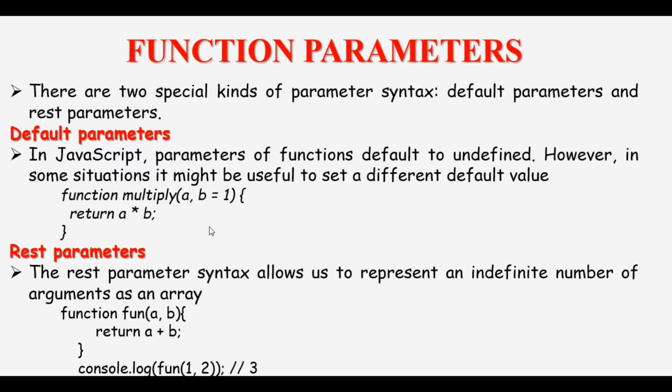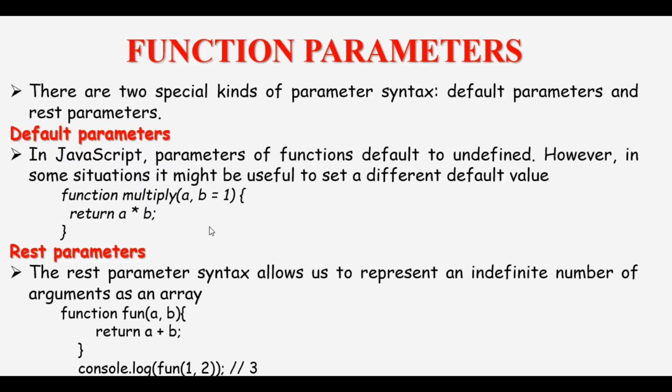The other type of special parameter is the rest parameter. The rest parameter allows us to represent an indefinite number of arguments as an array. I have a function with parameters a and b, returning a plus b. When you call that function, we're passing 1 and 2.